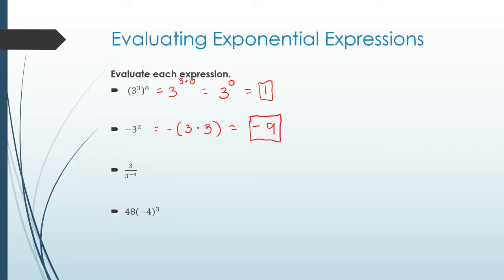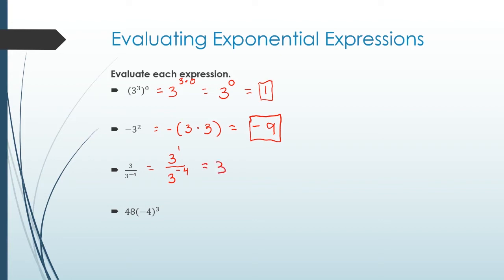The next one, I have 3 over 3 to the negative 4. So if you have something without an exponent, we always assume that exponent is 1. So that's 3 to the 1st power over 3 to the negative 4. Now, if we have something divided here, they have the same base. When you're dividing, the exponents subtract. And it's always subtracting top minus bottom.